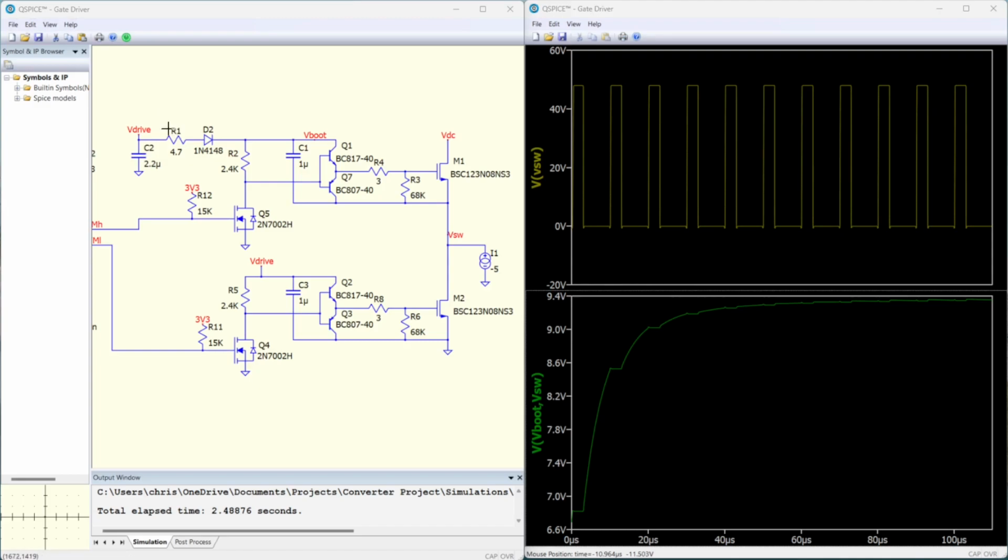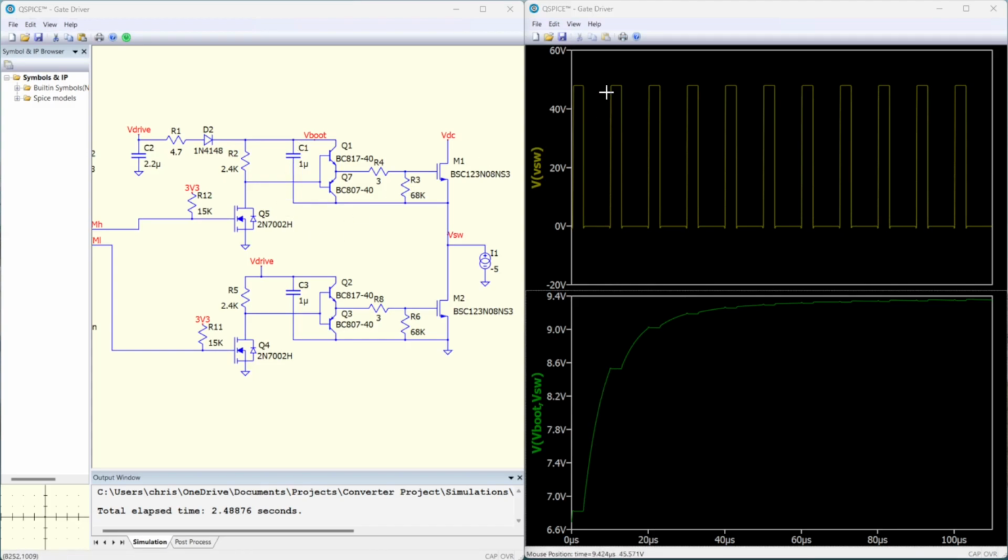This consists of a resistor and a diode and a bootstrap capacitor. When the low-side MOSFET is turned on, the current from the drive voltage, which is here 10 volts, will charge the bootstrap capacitor. Visible as well here, the low-side MOSFET is on and we charge the bootstrap capacitor.